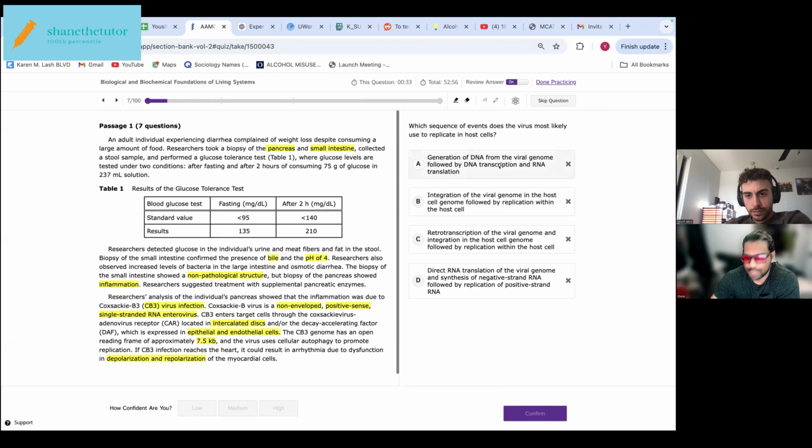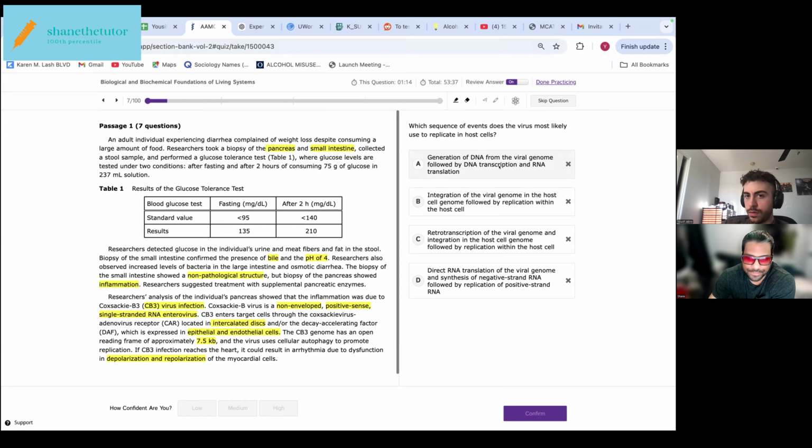Do you remember what positive sense and negative sense were? Isn't positive sense like replicate? Negative sense is like replicating into yourself, kind of. Or complementary or something? So positive sense RNA can be directly translated into proteins, meaning it's the same sequence as the mRNA, but negative sense RNA is complementary to the mRNA.